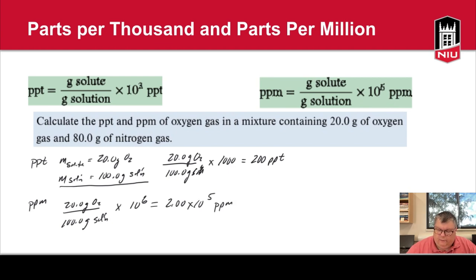Really, my significant figures over here should have a decimal point there so that we keep the correct number of significant figures in the parts per thousand. So 200. parts per thousand and 2.00 times 10 to the fifth parts per million.